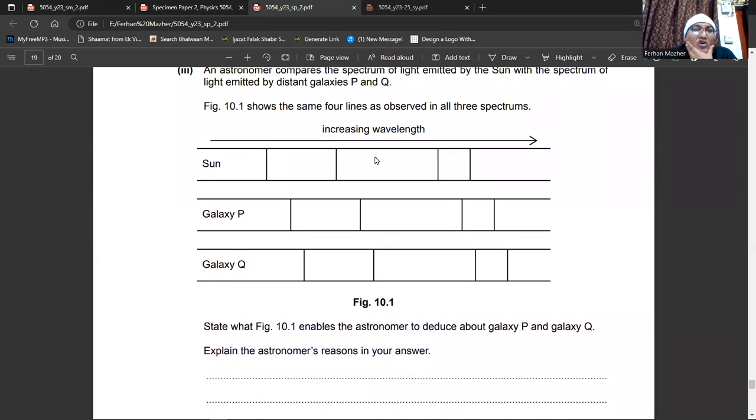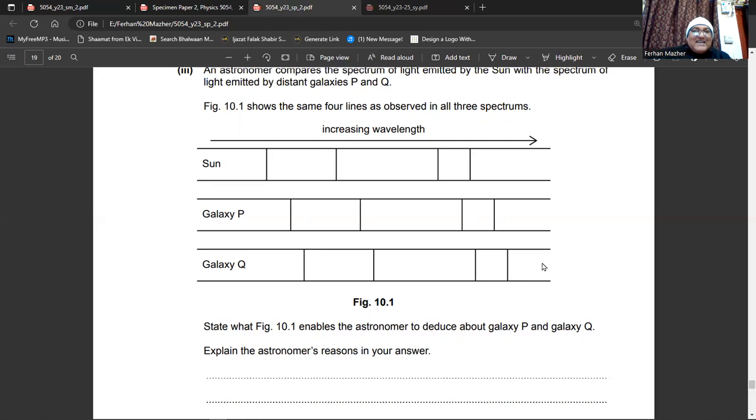Okay. So this portion is here. In P, this portion is a little towards the redshift. In Q, it is further towards the redshift. Let's talk about this part of the spectrum in the sun. It's here. In galaxy P this portion is towards the redshift, and in galaxy Q it is further towards the redshift.